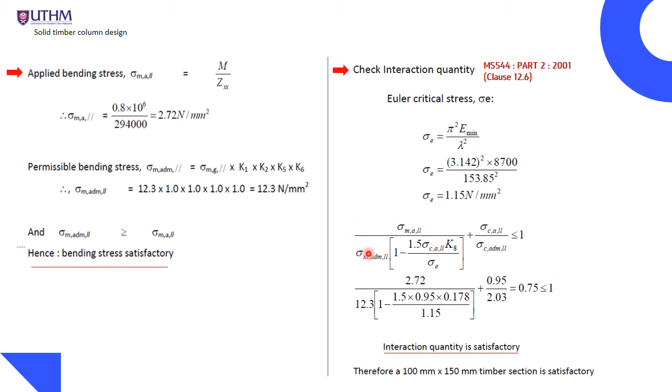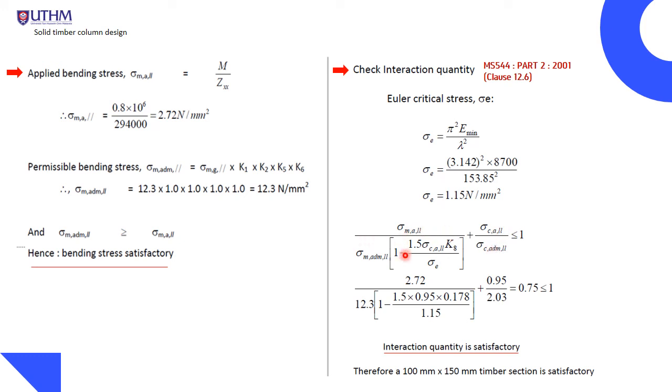Now we check that the interaction equation, considering bending and compression of the column, is less than or equal to 1. We calculated the applied bending and permissible bending, as well as the applied compression and permissible compression, previously.